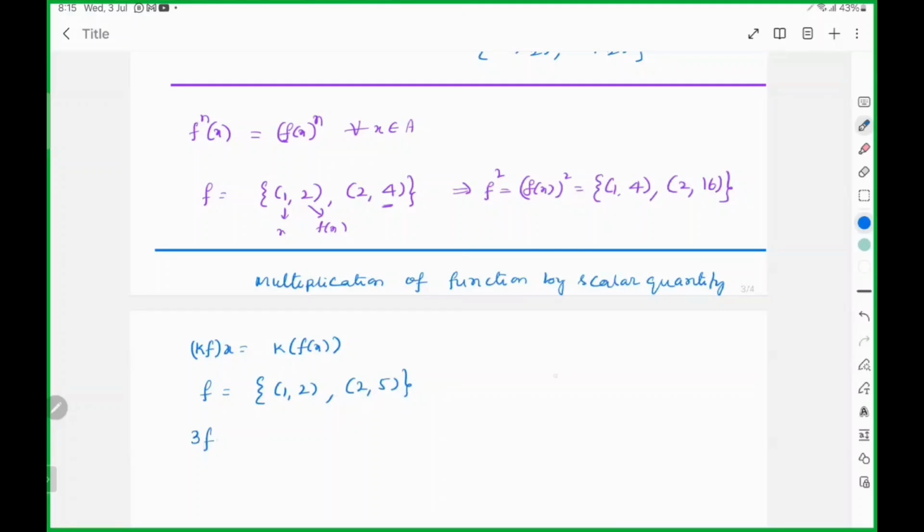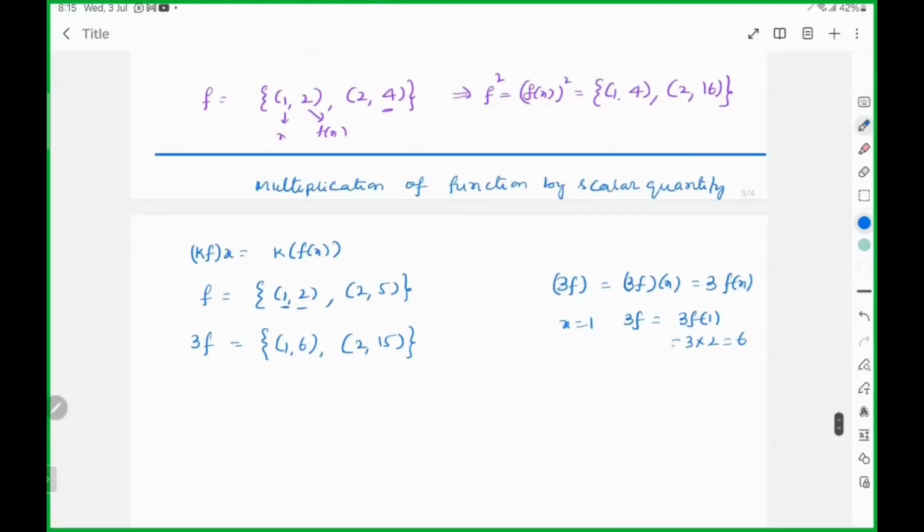What is 3f? 3f means 3f of x, which is 3 times f of x. For example, x is 1, 3f means 3f of 1, where f of 1 is 2. 3 times 2, 6. Don't multiply the first element. You are only multiplying the function value. This is how multiplication of a function by a scalar is defined.